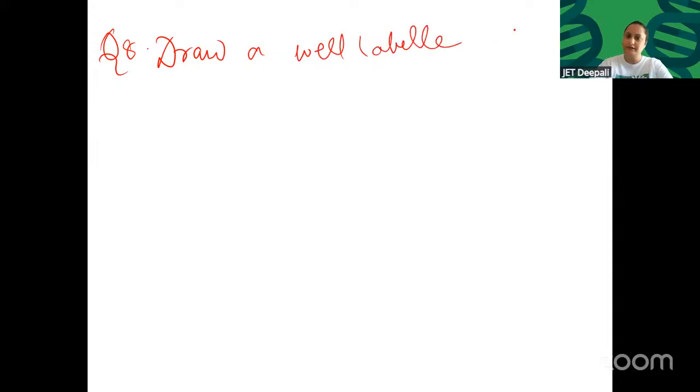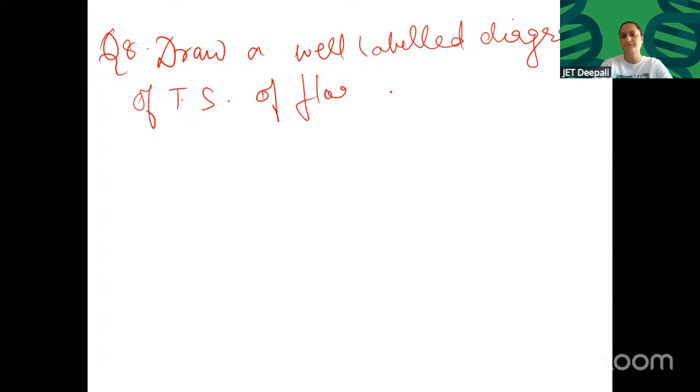Now coming to question number 8. Question number 8 is asking us to draw a well-labeled diagram of TS of a flagellum. This question we have done in our one or two sample papers.